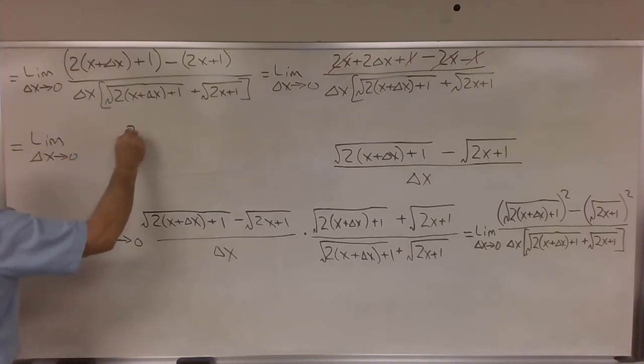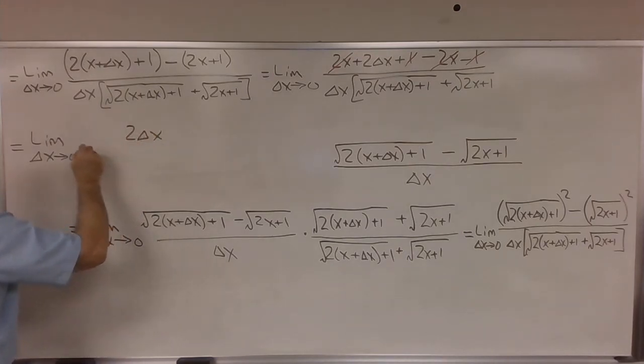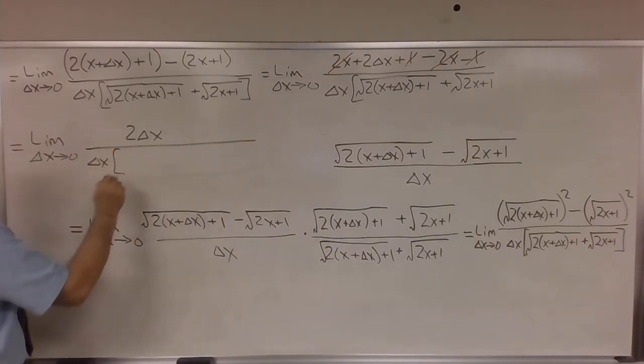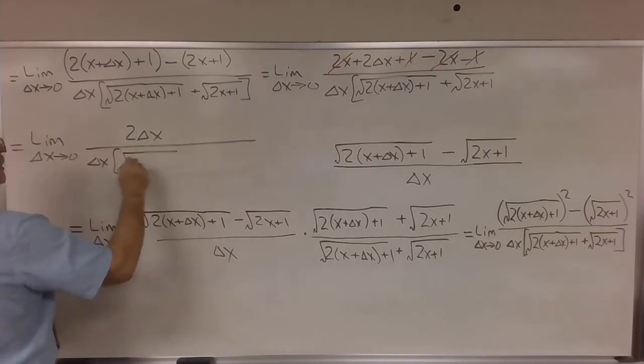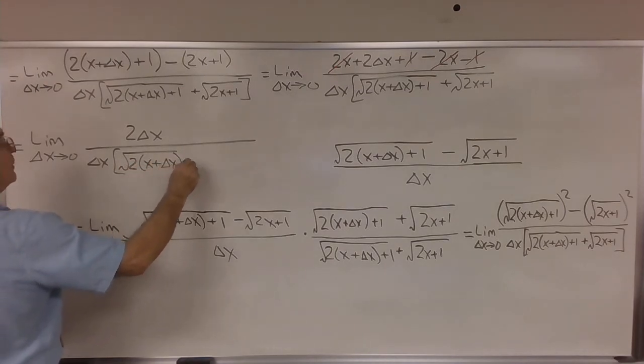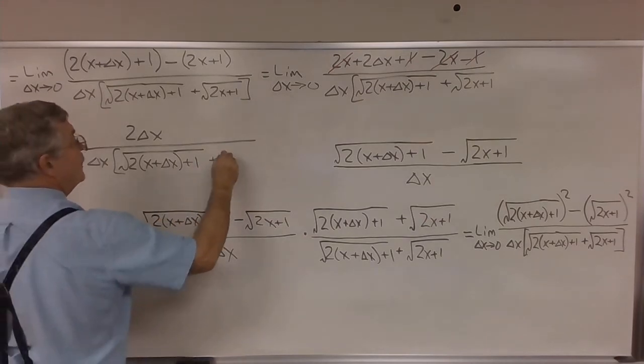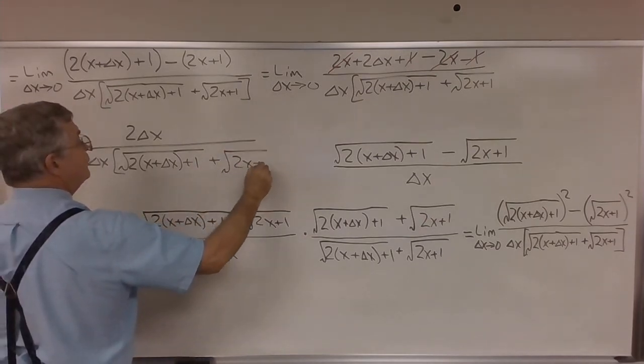So I have 2 delta x on top, and I have delta x on the bottom, square root of 2 quantity x plus delta x plus 1, plus square root of 2x plus 1.